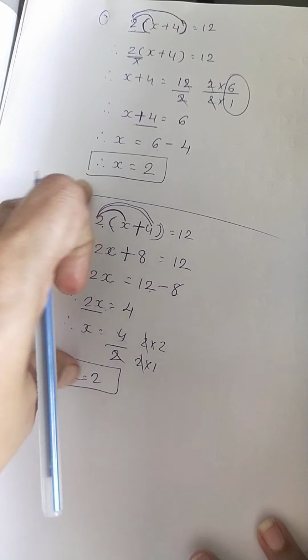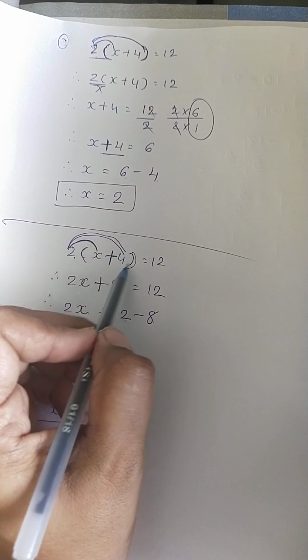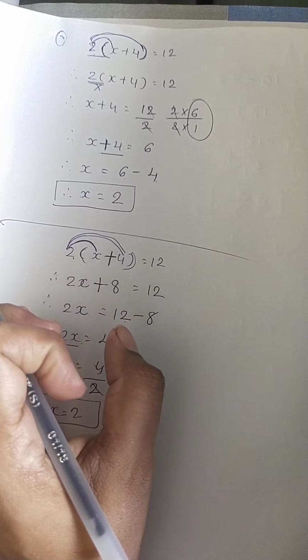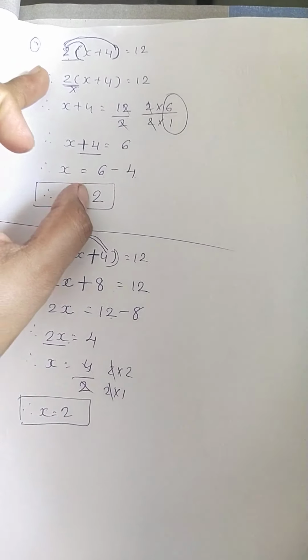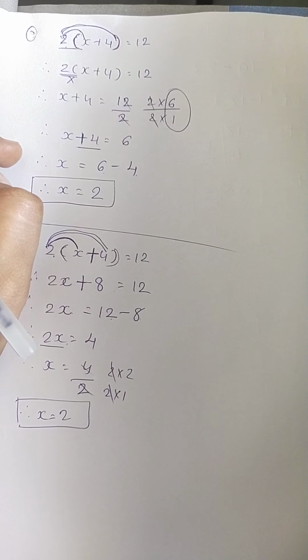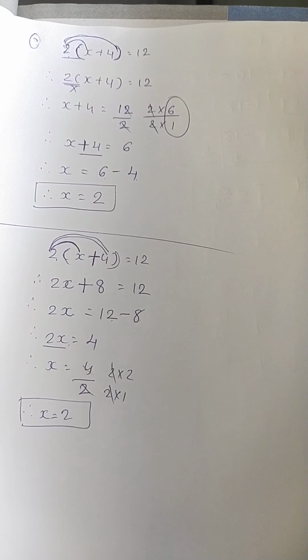Both ways, students, the answers are the same, but here the numbers are small, that's why it's easy to multiply. Whenever bigger numbers are there, there are chances of mistakes. So I suggest you follow this method. It's not compulsory to follow only this; you can follow the other also. It totally depends on you.